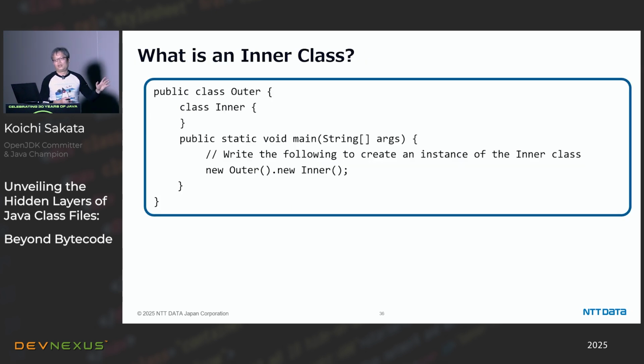First, let's confirm what an inner class is. If there is a class named Outer with a class named Inner inside it, Inner is the inner class. To create an instance of the inner class, you should call the constructor of Inner for an instance of Outer.